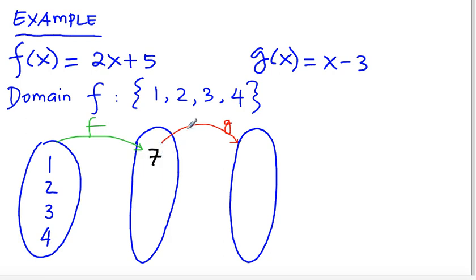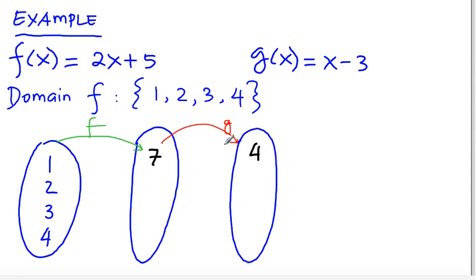Afterwards, I'm going to use this number 7 in function g. I will substitute 7 into the x in the formula of function g. So then I will have 7 minus 3, and the result is 4.